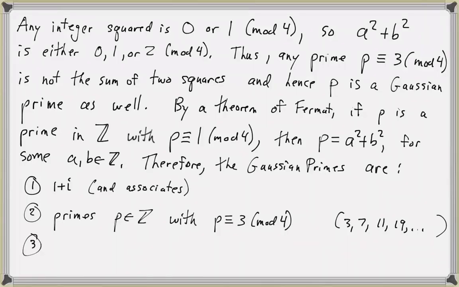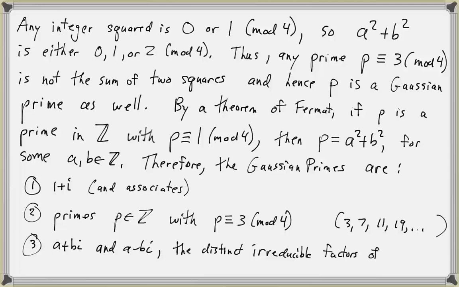And thirdly, any elements a plus bi and their conjugates a minus bi, which are distinct irreducible factors of a prime p, which can be written as a squared plus b squared, for primes p in the integers with p congruent to 1 mod 4.